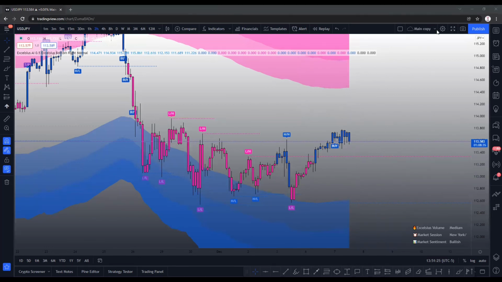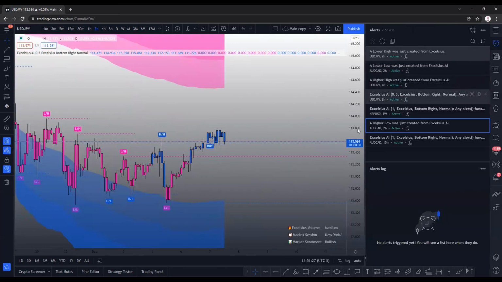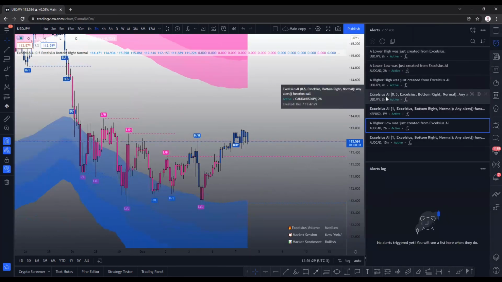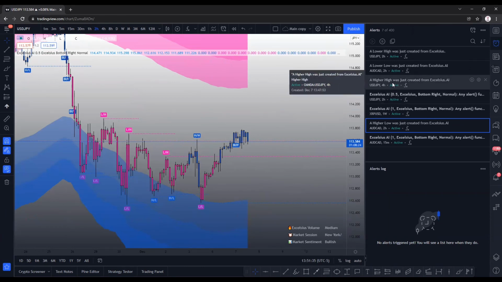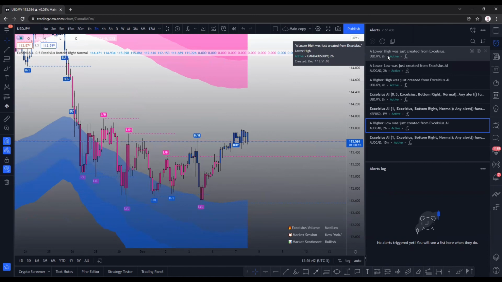So now when you look at your alerts column here, you can see you have Excelsius to alert you for any buy opportunity or in general. And then you now can also get individualized alerts to create higher highs and to potentially develop lower highs for you to mix and match, this is what that will ultimately look like.